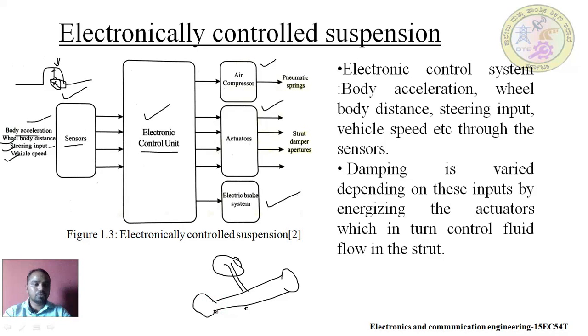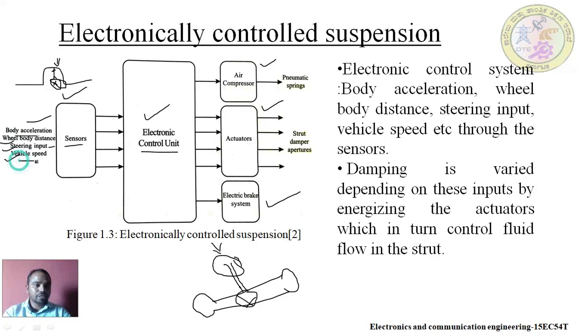That is connected to the front wheels. With the help of gear systems, if I rotate this steering, that may change the direction of the front wheel. This changing information is captured with the help of steering input.